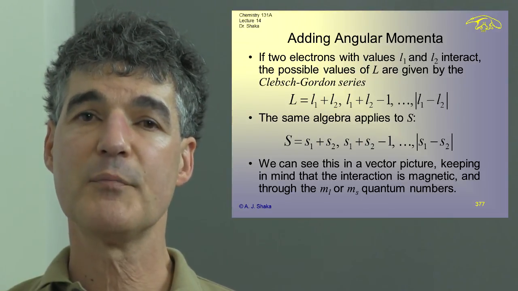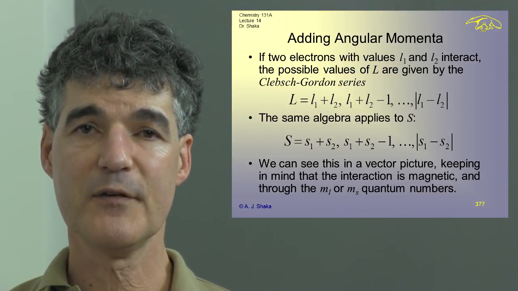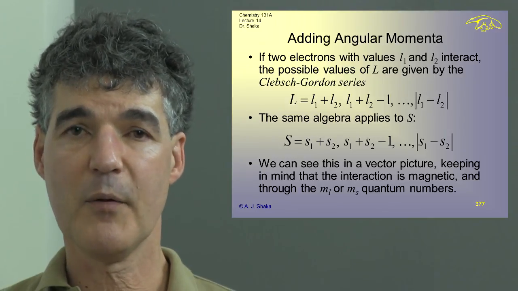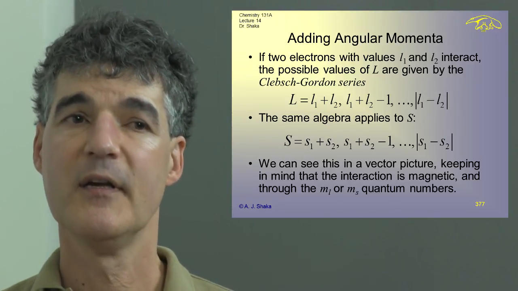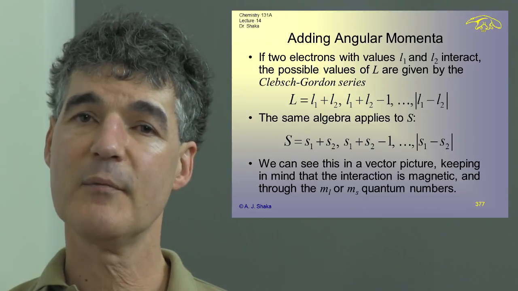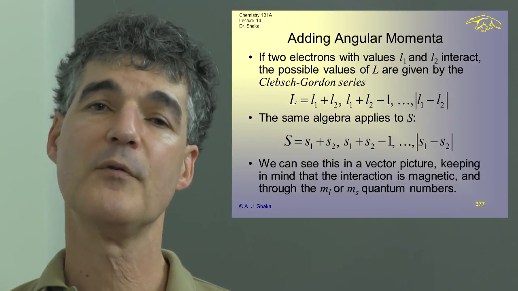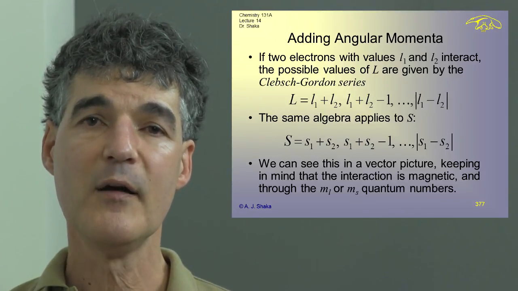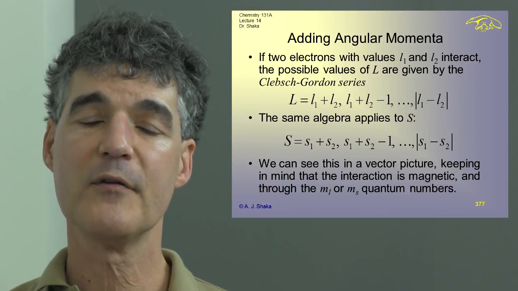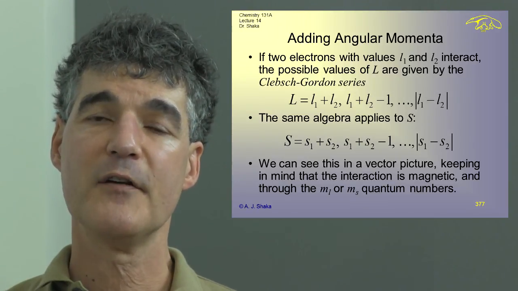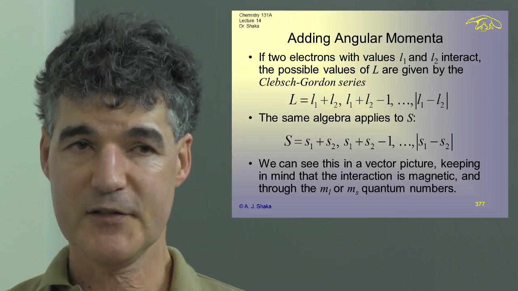And the same algebra exactly applies to the total spin angular momentum, big S. Big S can be S1 plus S2, or S1 plus S2 minus 1, and so on, down to the absolute value of S1 minus S2.